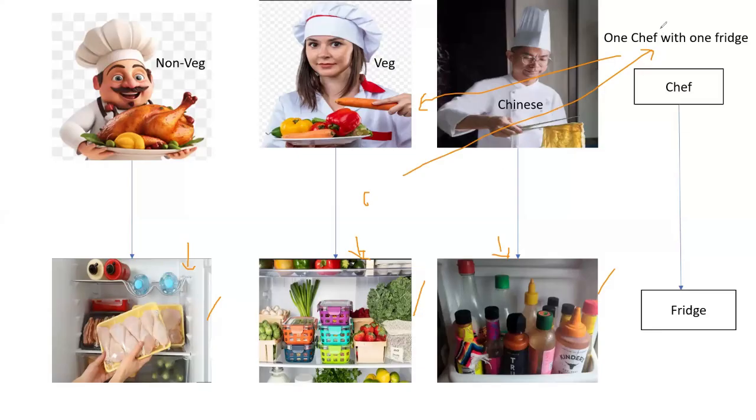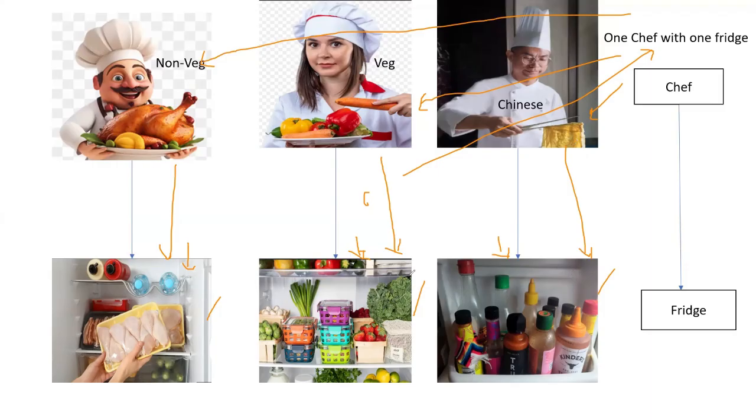We can serve the customer very fast. Even if we get multiple orders at a time, non-veg, veg, and Chinese, they go to their own stored items, get them quickly, cook quickly and serve the customer. This is called data partitioning, storing the related data in one place. Shared nothing means each one has its own storage: non-veg has its own, veg has its own, Chinese has its own.